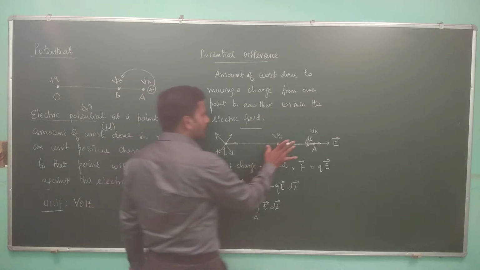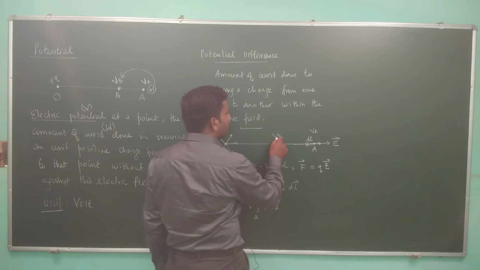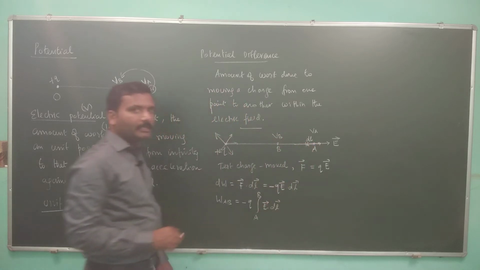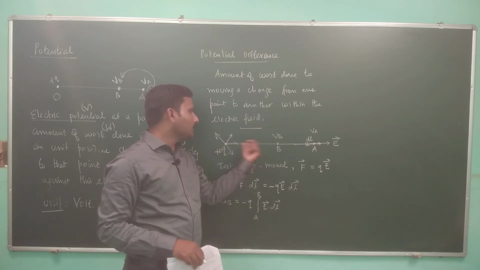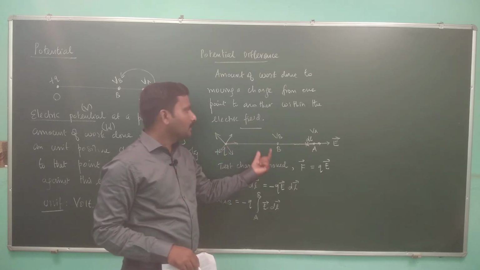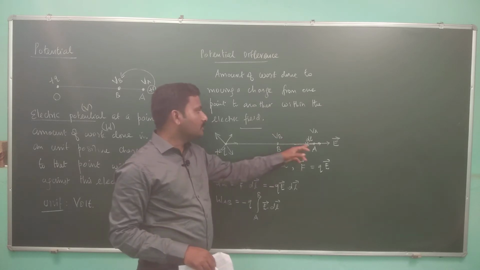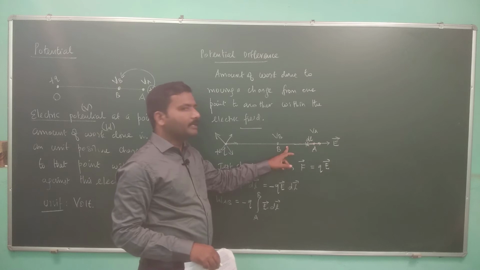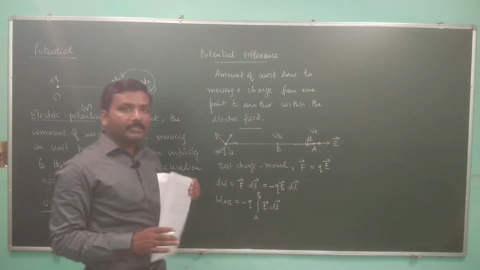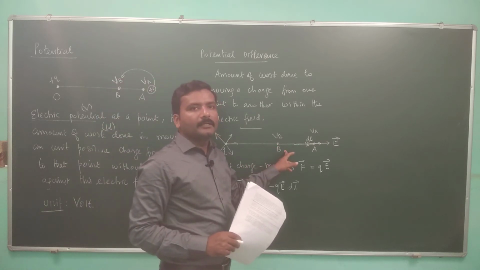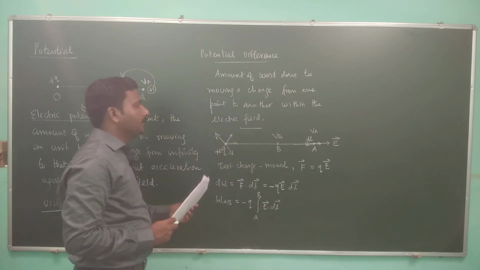Now the potential difference between VB and VA: here the potential at VB will be higher than potential at VA. Why? Because if you are going towards the charge, then you experience more force, which means you need to work more, you have to put more energy to move this charge from this side to this side. So when you are going from right to left, the potential energy will gradually increase. In that sense, the potential at point B will be greater than the potential at point A.